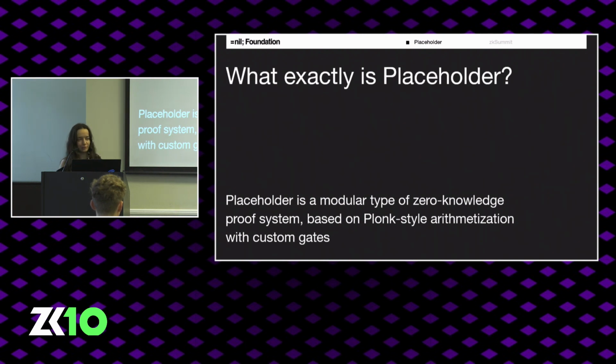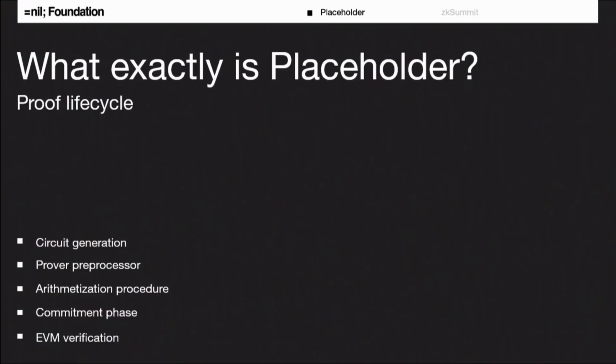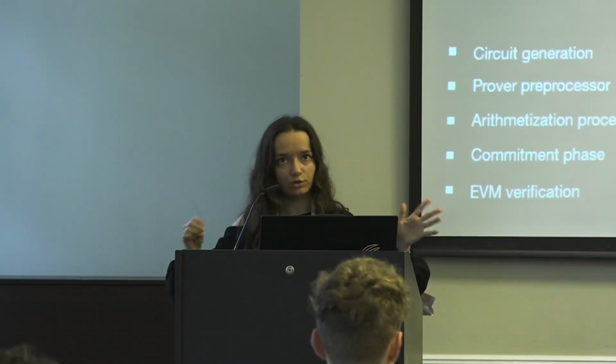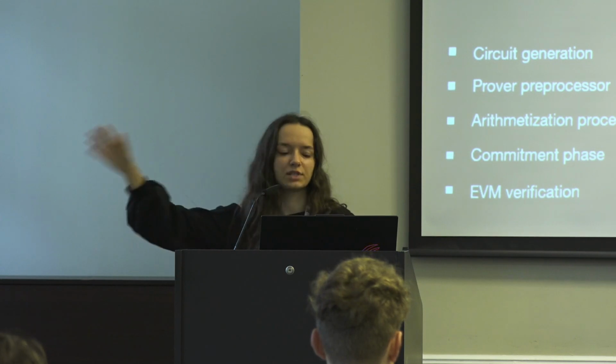So let's start with the proof life cycle. Firstly, we have some source code, and we want to translate it into a circuit representation. It's our first phase, circuit generation. We can express any calculation inside code via circuits, which is familiar for a proof system.